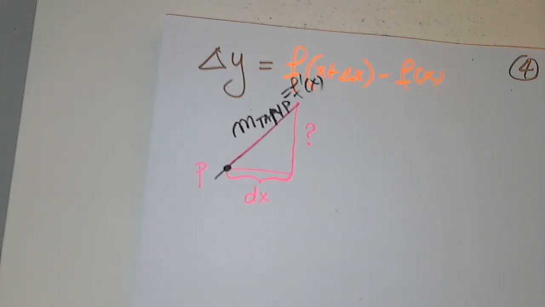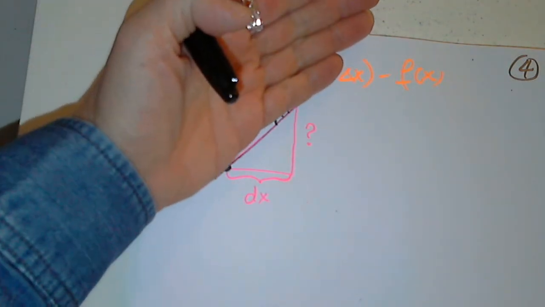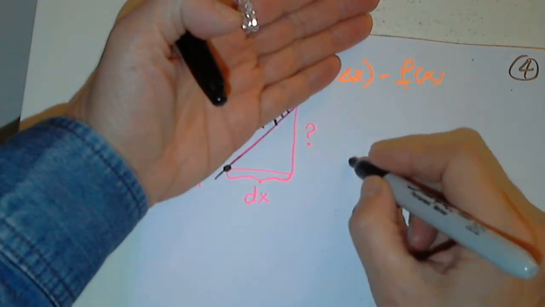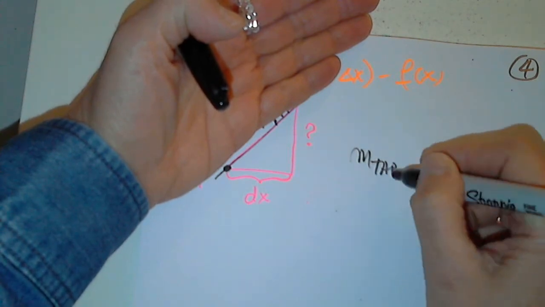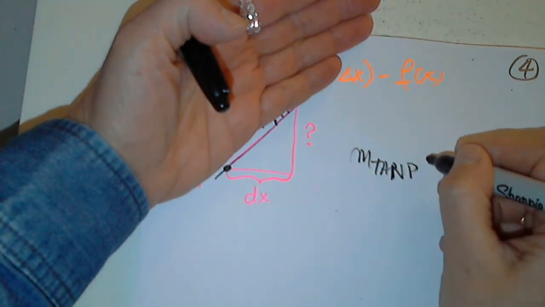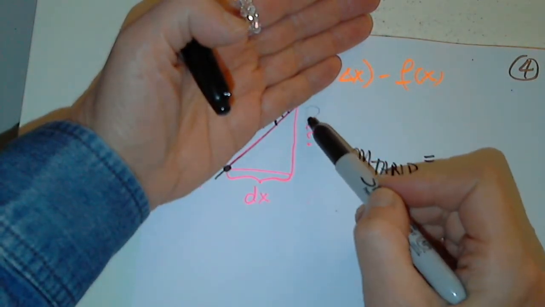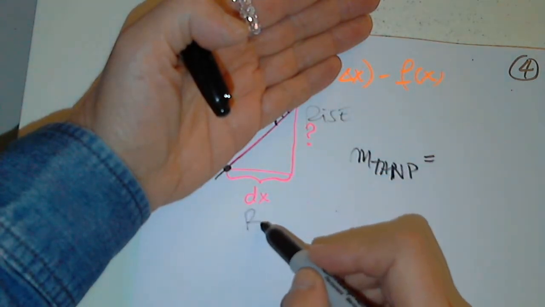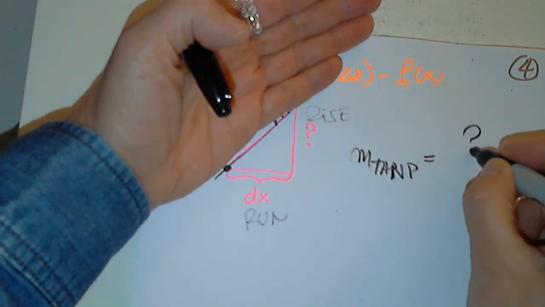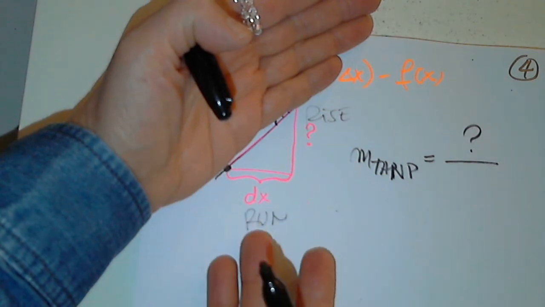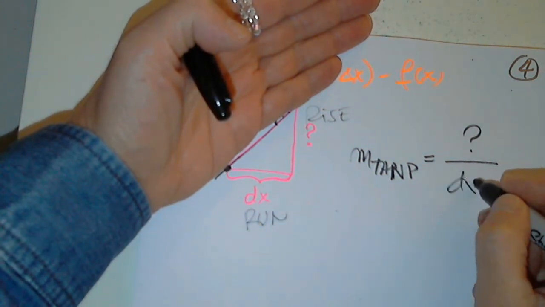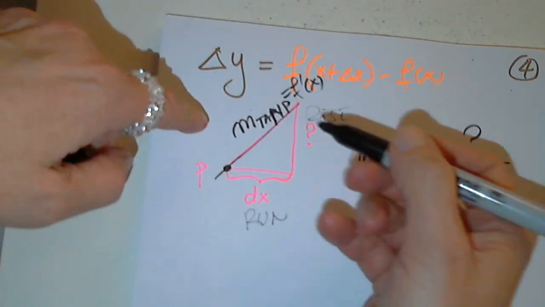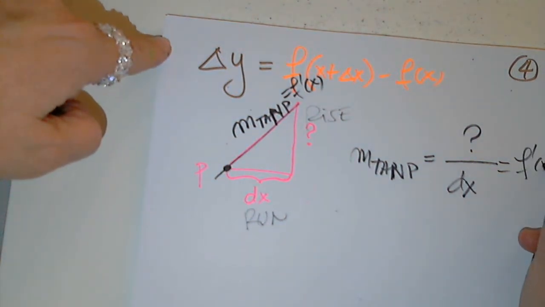Okay, now, forget about this. And I hope you agree that the slope of the tangent at P is also rise over run, which is the question mark divided by dx. And now I know that this must be equal to f prime of x.